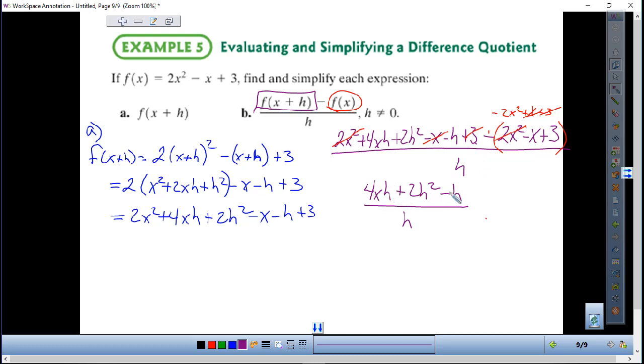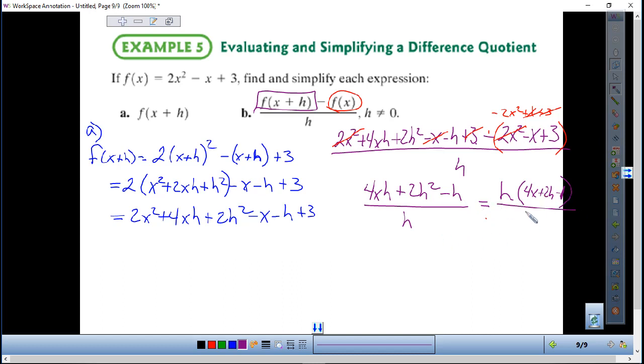Notice here I've got a common h all the way through. I'm going to actually factor that thing out. So I'll take out my h from here, here, and here, and that's going to give me 4x plus 2h minus 1. Don't forget that minus 1. Negative h divided by h is going to give you a negative 1. That's where that minus comes from.